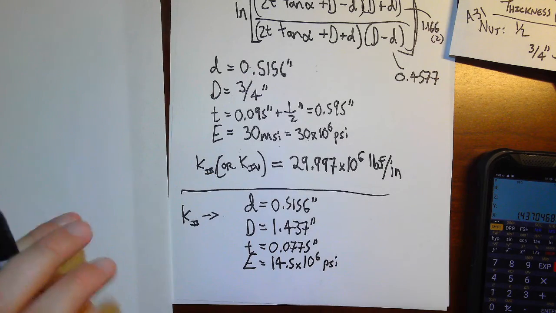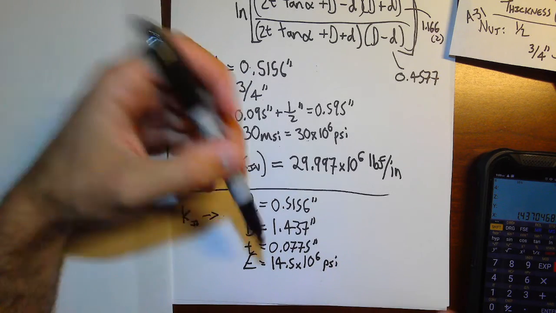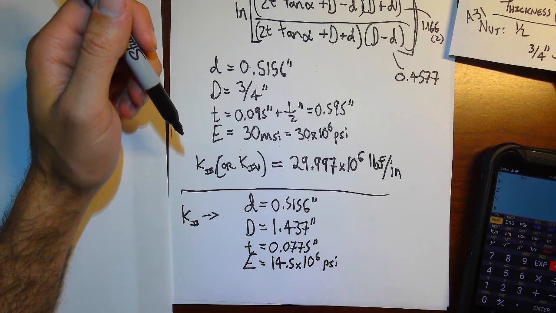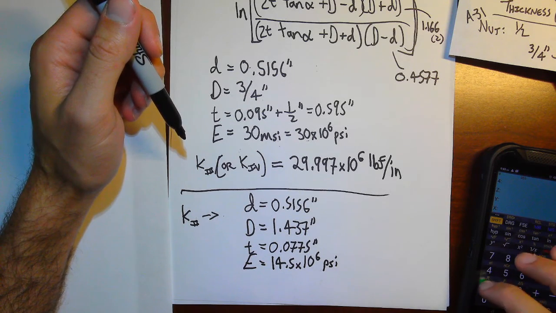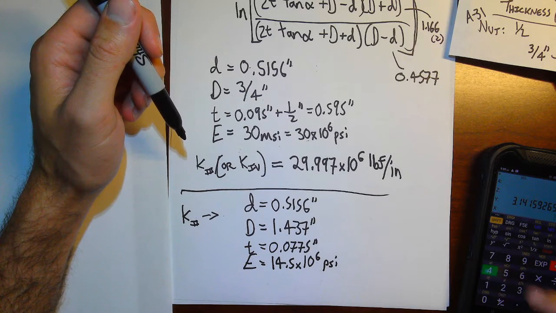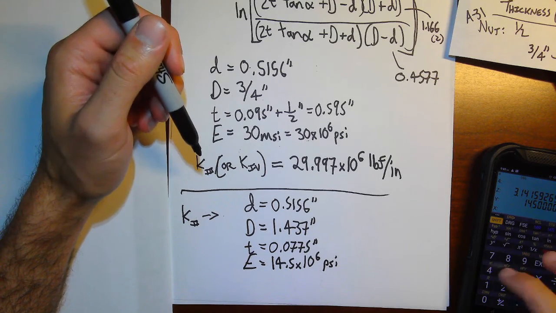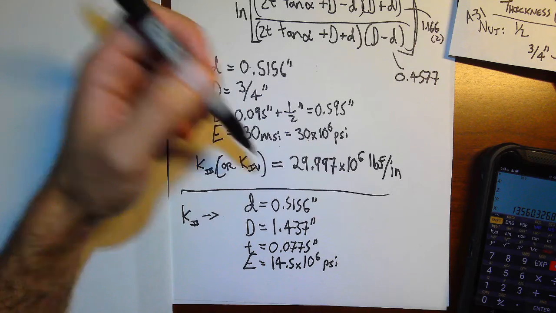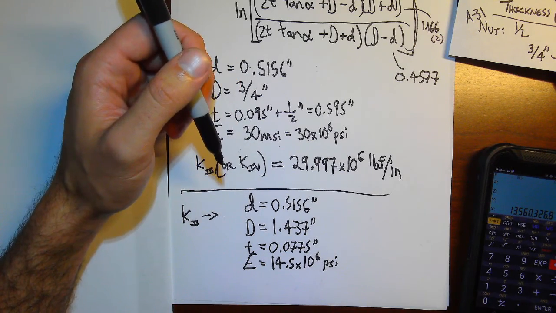So I can crunch those numbers, get a value for K2. So pi times 14.5 times 10 to the 6th times small d 0.56 times 10 to the 30. Okay, that's my numerator, 13.56 times 10 to the 6th.